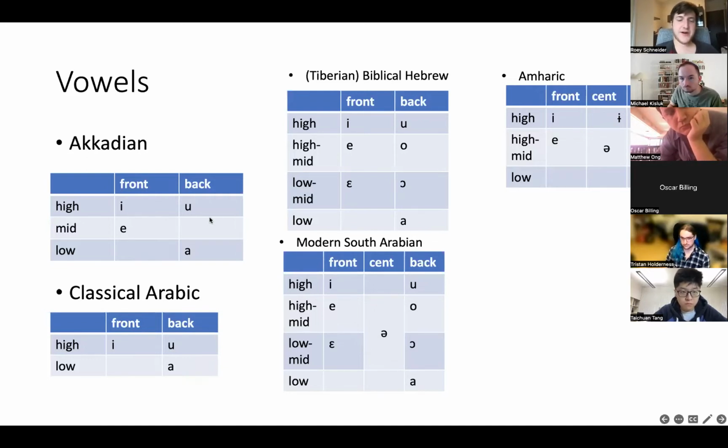In Akkadian, actually, there are three distinguished vowel lengths. They are rendered in writing usually by these: the short vowels, and a macron, like a line above the letter, that's a long vowel, and a circumflex, like a triangle, that is a contracted vowel.